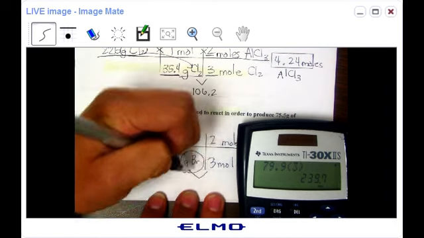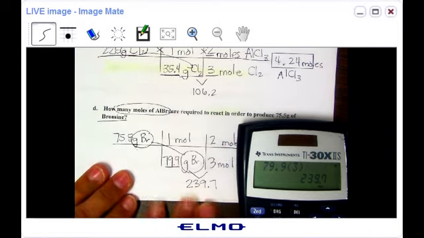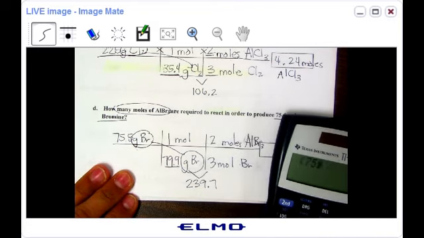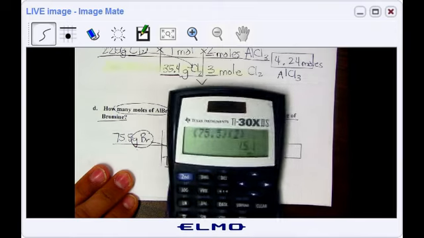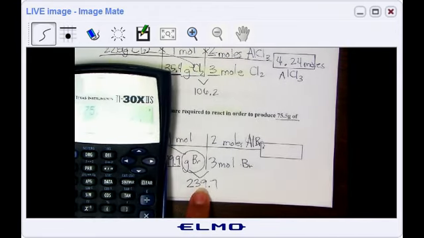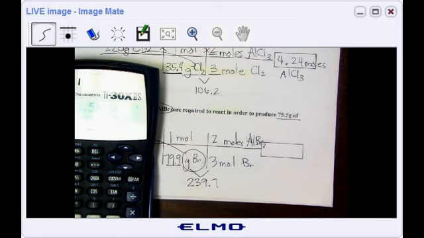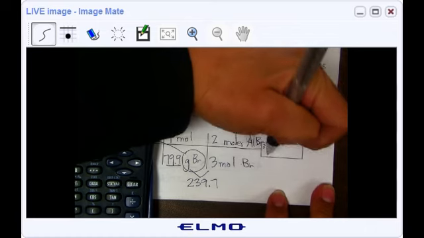These two multiplied are 239.7. I'm going to multiply the top. 75.5 times 2. That gave me 151. Now I'm going to divide it by this number because that is the two bottom numbers multiplied together. 0.63 is my final answer.